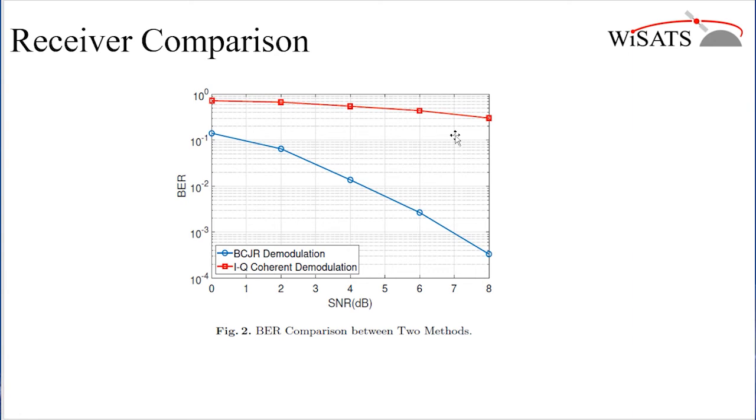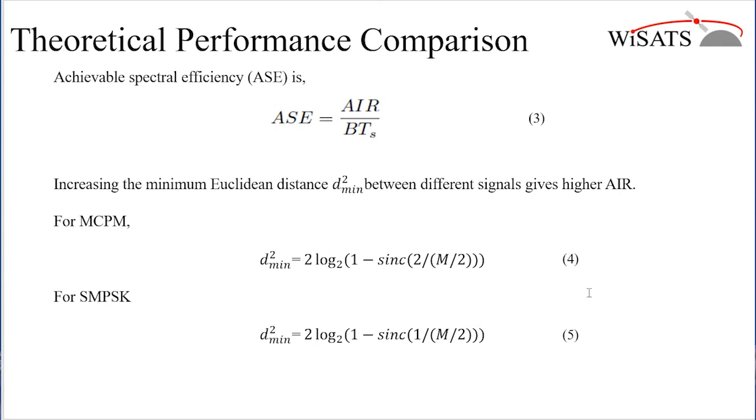The minimum distances of MCPM and SMPSK are given in equations 4 and 5. We can see that the distance of the proposed SMPSK is smaller, and therefore it yields lower AIR than MCPM.